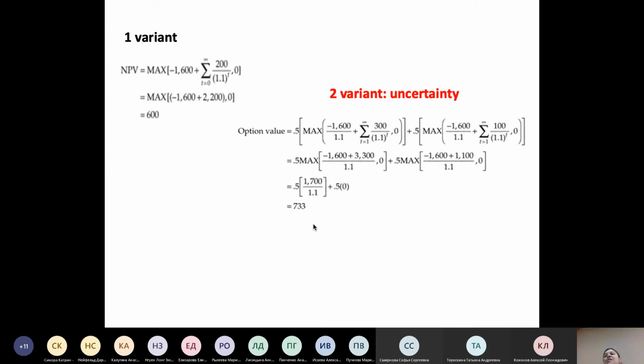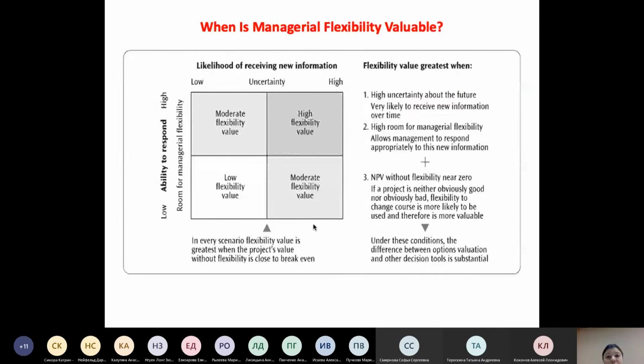And it means the pressure of our uncertainty, and under the pressure of our uncertainty, we can increase our opportunities, first of all. And following the conclusion of this task, I'd like to add the following scheme of using our real option.